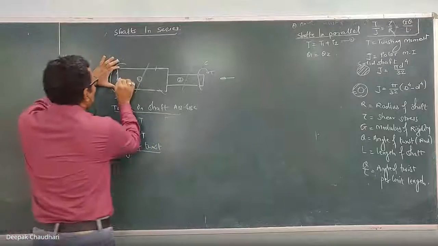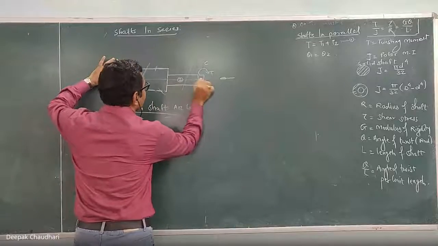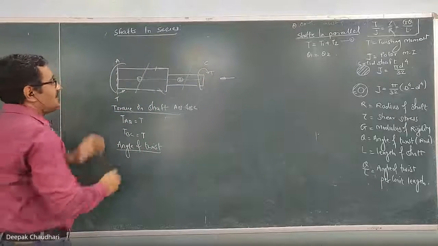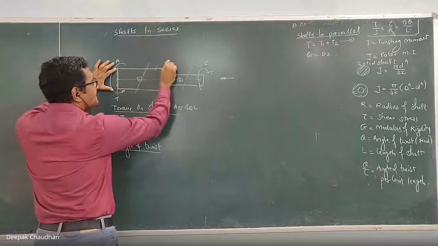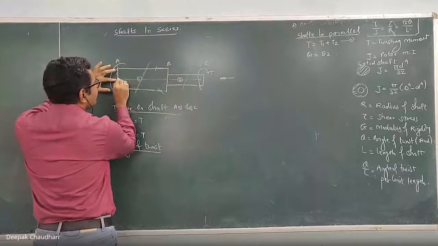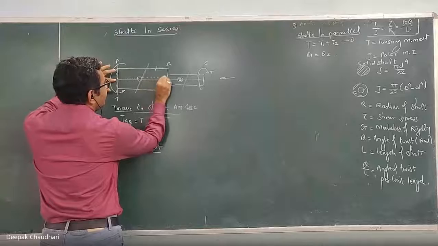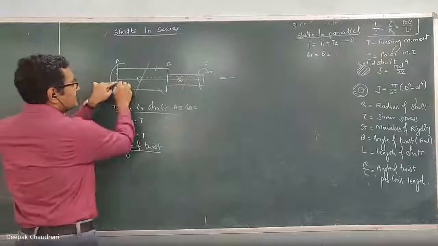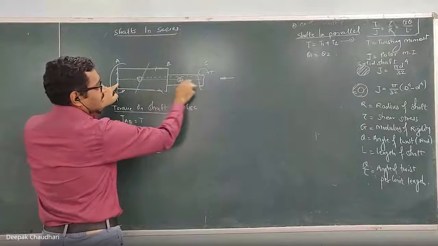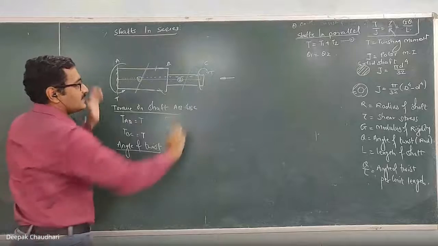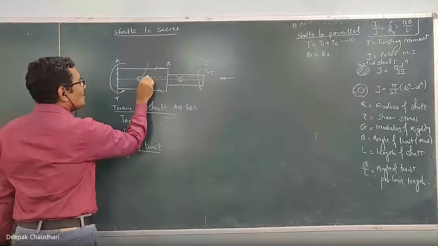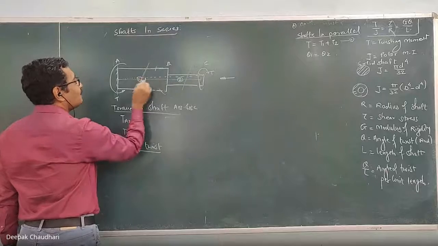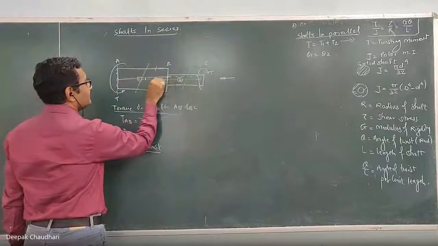If I draw one line on the surface of this shaft, because of this torque T acting on this part AB, this line drawn on the surface will get shifted like this because of the twisting moment. So this will be the angle of twist for this AB.